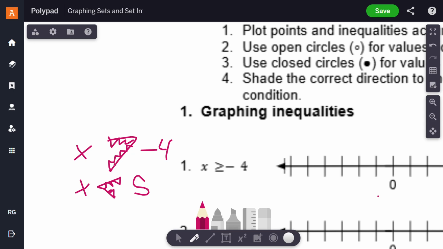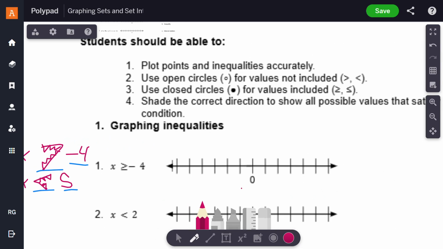And then when you include the bar underneath, then that means that it can also be equal to the value that was presented here. So, for example, x is greater than or equal to -4. So in this example, we're going to go to -4 on our number line. -1, 2, 3. That's a mistake right there. -4. And then because we have the bar under the greater than sign, again, the inequality symbol is going towards x.